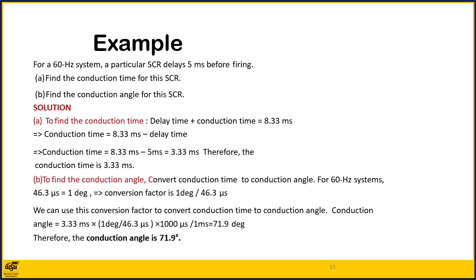We can use this conversion factor to convert conduction time to conduction angle. Conduction angle equals 3.33 milliseconds times 1 over 46.3 microseconds times 1000 microseconds per millisecond, or 71.9 degrees. Therefore, the conduction angle is 71.9 degrees. Perhaps pause this and go through the maths, make sure you're happy with that.